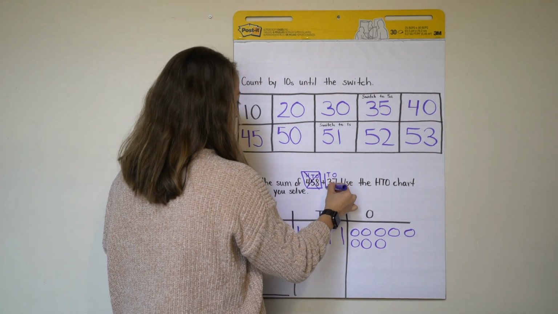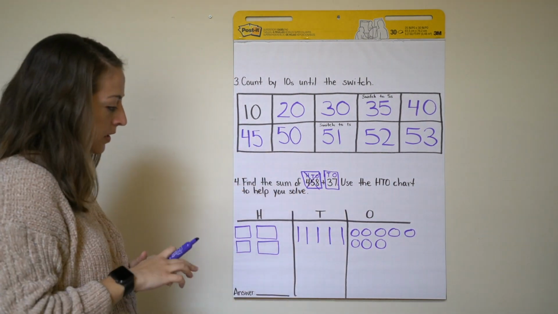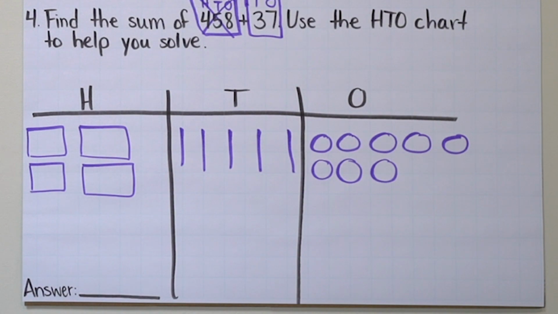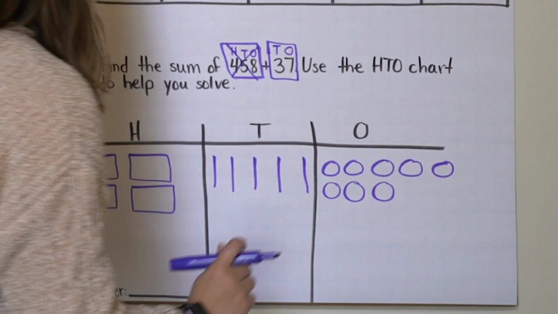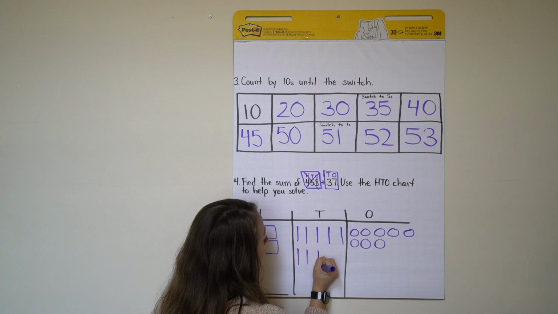Now you're going to move on to this number. Do your tens and your ones. All right, so I have 3 tens. 1, 2, 3.